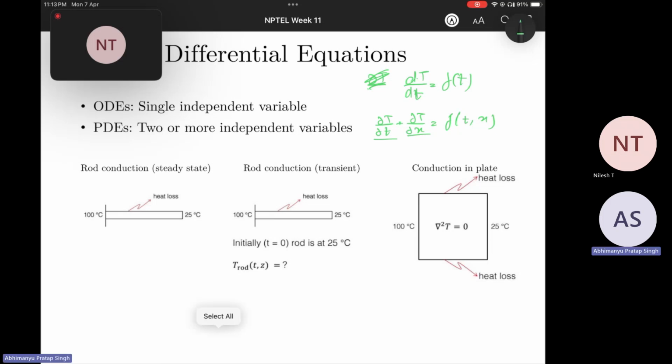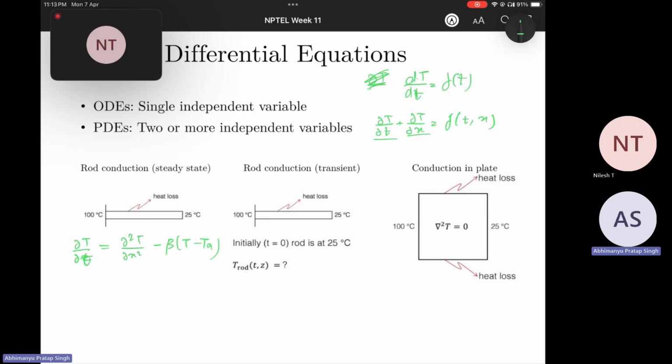Yeah, so we have these different cases. First one is rod conduction in steady state. Let me write the equation for the transient case first, and then we will go to steady state. For the transient state, we get del T upon del t is equal to del squared T upon del x squared minus (T minus T surroundings).